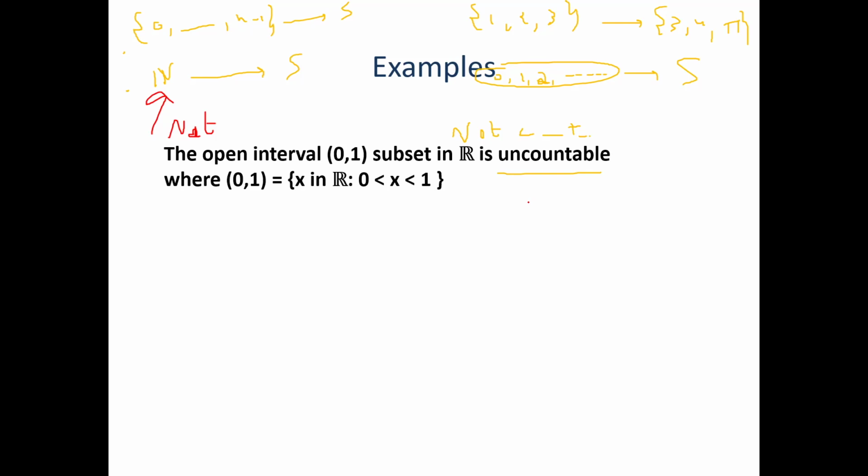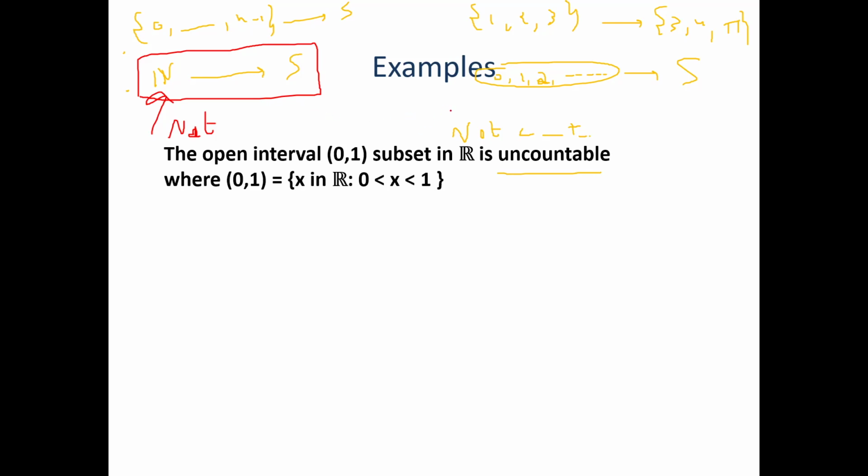So step 1, assume that it is countably infinite, and reach a contradiction or a counterexample. Reach something that explodes. So assume that you do have a bijection from the set N to S, and then you want to reach something that's wrong.